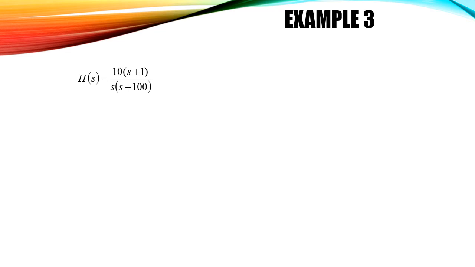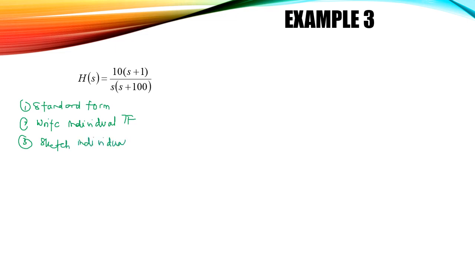Okay, let's have another example, example 3. As usual, you need to write the equation in standard form. Secondly, you need to write the individual transfer functions, and thirdly, you need to sketch the individual transfer functions or frequency responses.